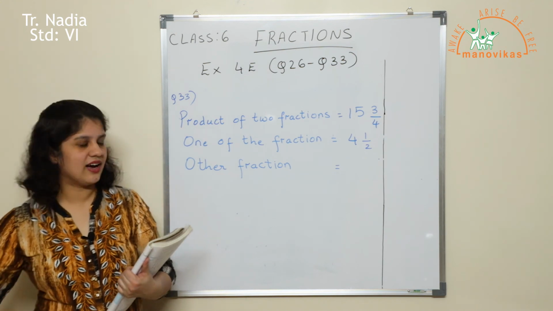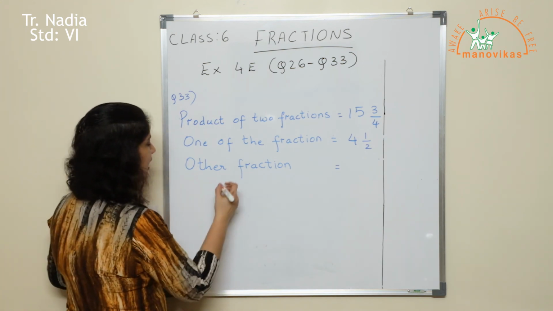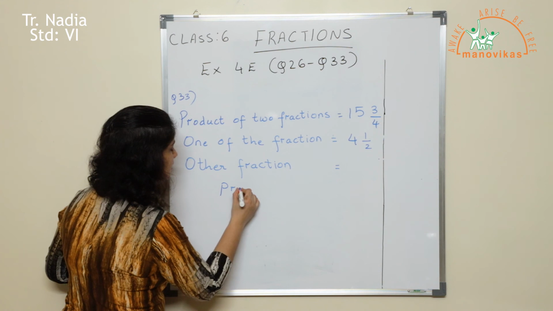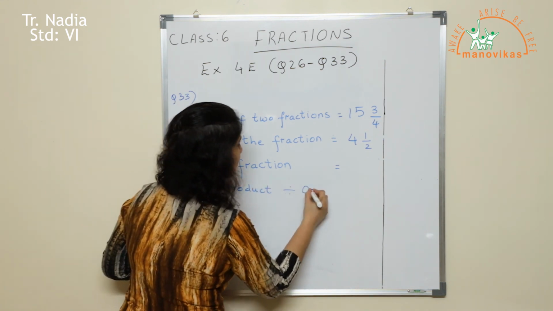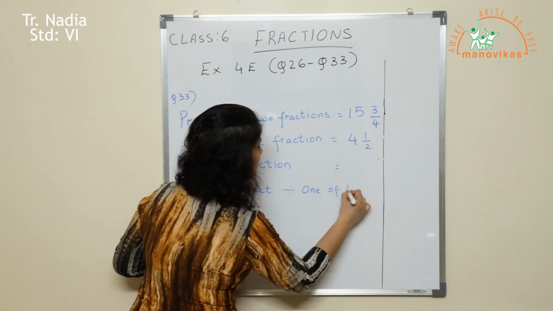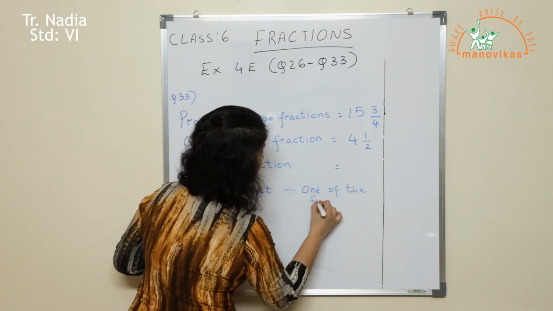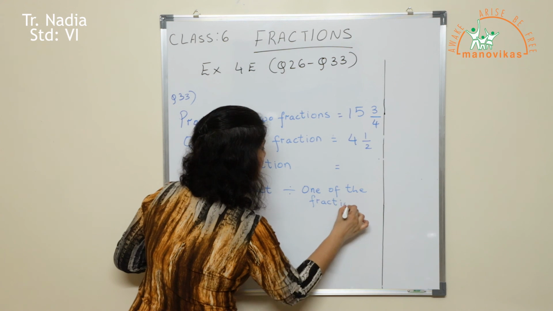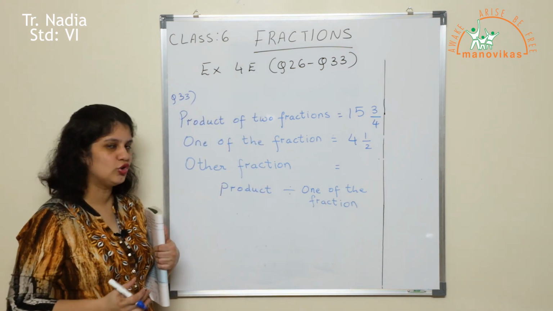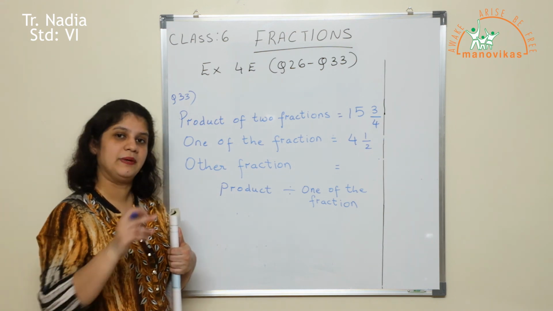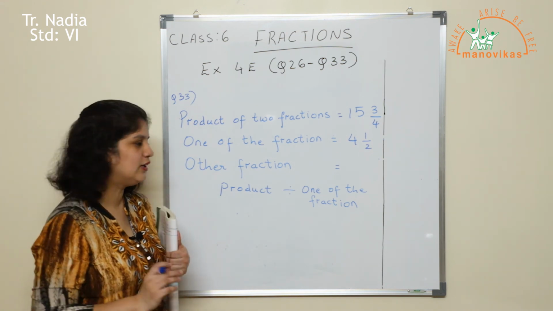How will I get the other one? To get the other one, I have to do product divided by one of the fractions. So if I do product divided by the fraction that is known to me, the answer that I get will be the other fraction which is unknown to me.